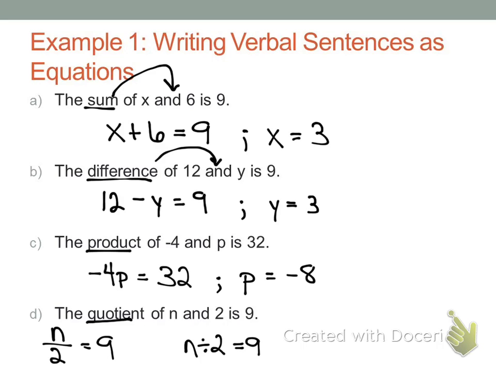Either way is fine. And what value of n would make the equation true? 18. N equals 18. Okay? So technically we're just getting ahead of the game a little bit. But in this example, we're writing verbal sentences as equations. All right? Questions on that?